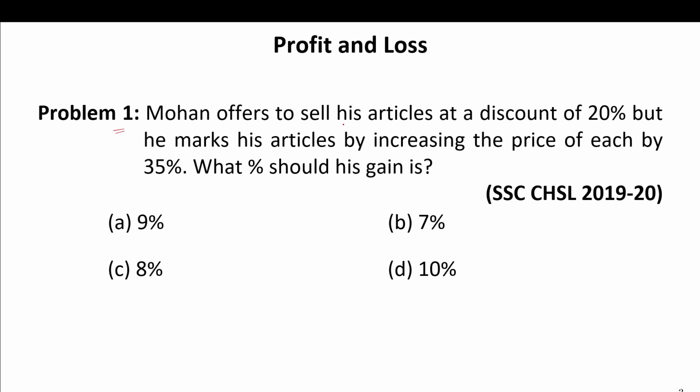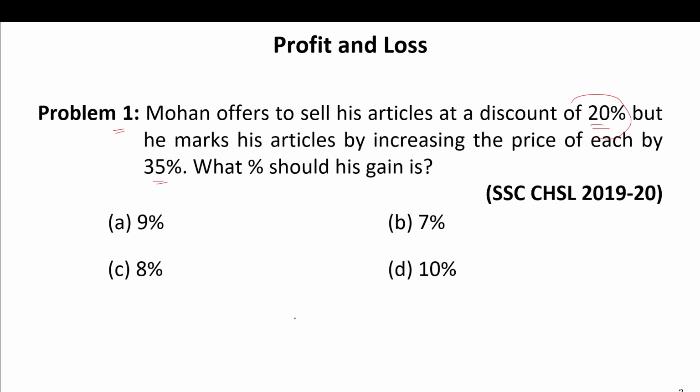So Mohan offers to sell his articles at a discount of 20%, but he marks his articles by increasing the price of each by 35%. So the discount that he wants to offer is 20%, but he marks his articles by increasing the price of each by 35%.